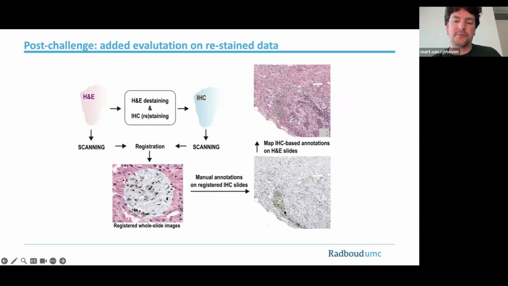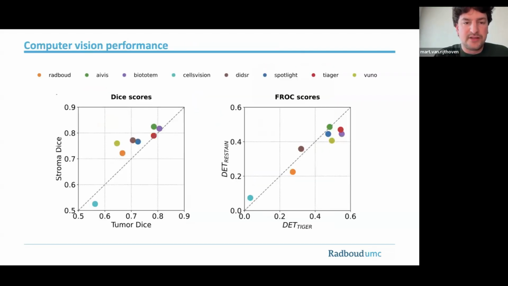And what we could do then is, based on the immunohistochemistry, you could identify the lymphocytes in a more, let's say, robust way, and then match them on the H&E slide. And this actually allowed us to compare basically what the results from the challenge that were actually made manually on H&E.